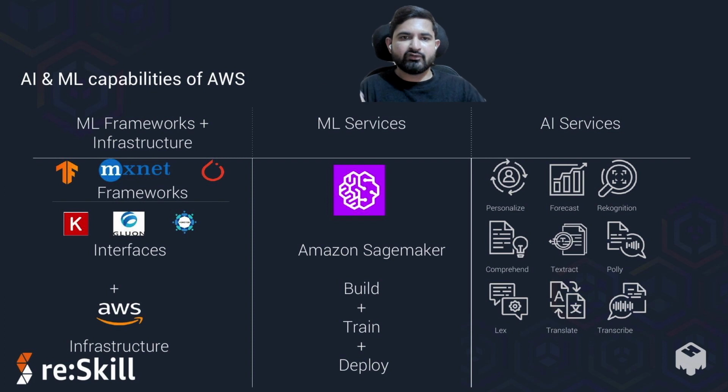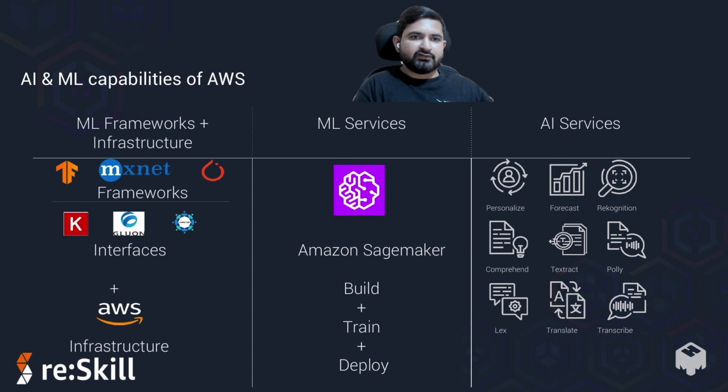You can just give your data and create a model. SageMaker even has Ground Truth, which provides you the labeling workflow. So there are a lot of tasks which are managed by the service itself. SageMaker provides you an easier way to get to market when you want to use your own data, or you have a use case which is very specific to your product and which won't be solved by general purpose AI services.